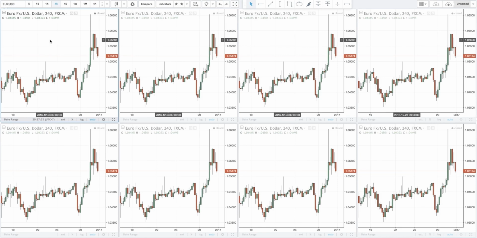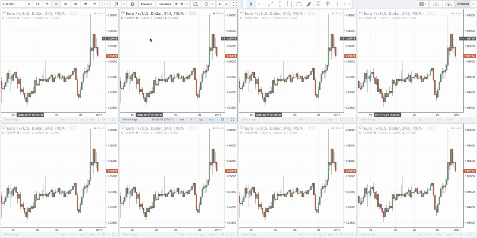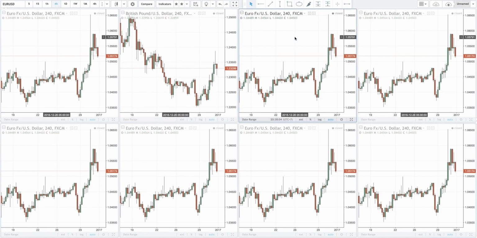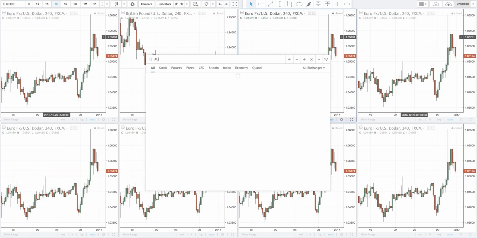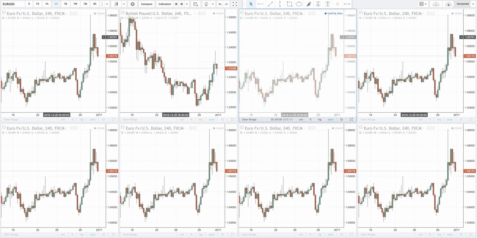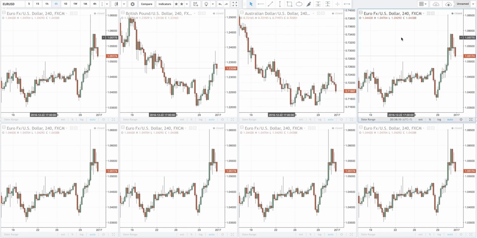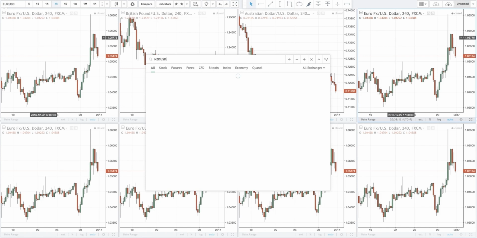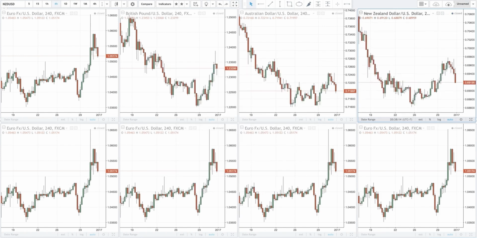If I'm going to do US dollars, I can do a couple of things. I have Euro USD, that's a US dollar pair. The next one is Pound USD, that's a US dollar pair. We have Aussie USD, that's a US dollar pair. We've got New Zealand USD, right?